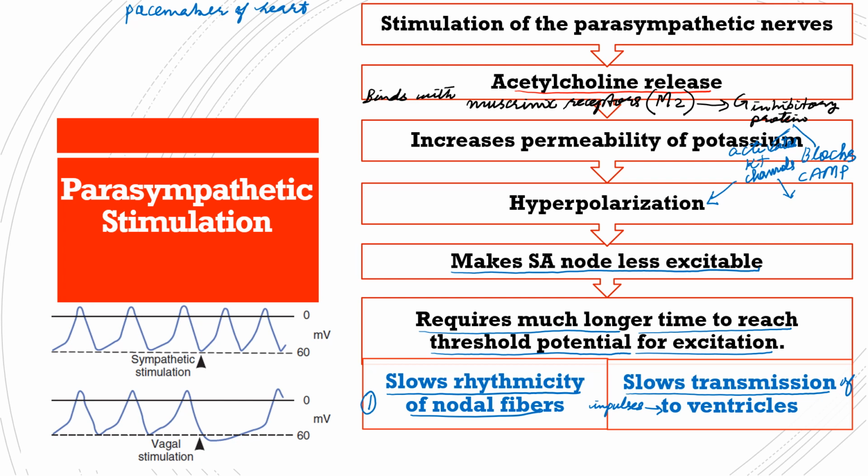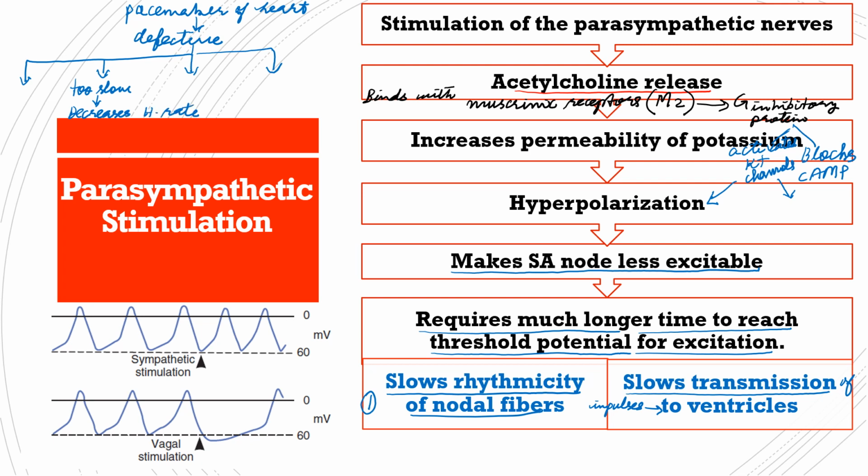When this pacemaker of the heart becomes defective, it may produce one of four effects. Number one, the impulse generation becomes too slow, which decreases heart rate.